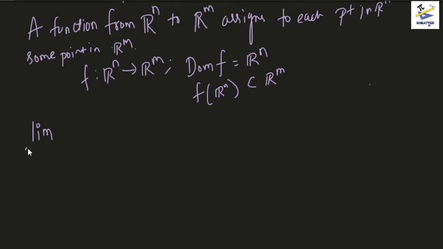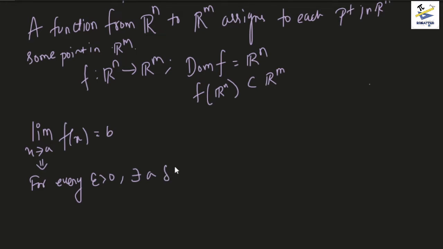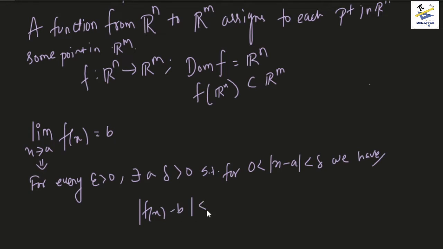When we said that limit as x tends to a of f of x equals b, this meant that for every epsilon greater than 0, there exists a delta greater than 0, such that for 0 less than mod of x minus a less than delta, we have mod of f of x minus b less than epsilon for all epsilon greater than 0.